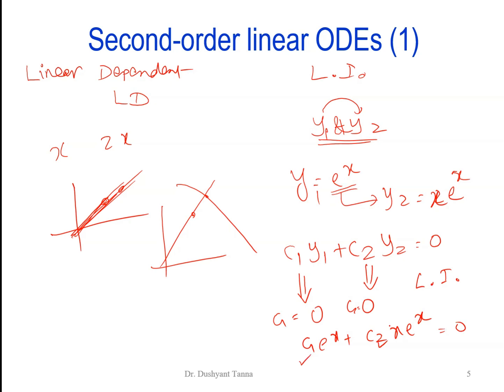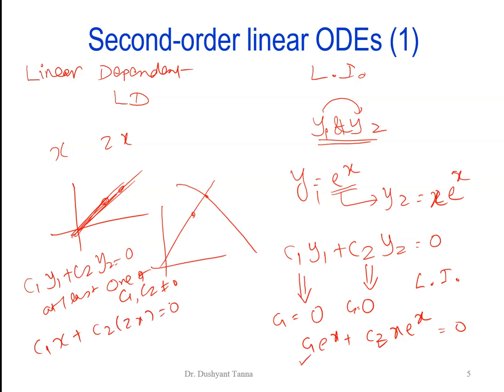Linear dependent: if c1 y1 plus c2 y2 is 0, then at least one of c1 and c2 is non-zero. For example, x and 2x. When I write c1 x plus c2 times 2x equal to 0, I could have c1 as minus 2 and c2 as 1.